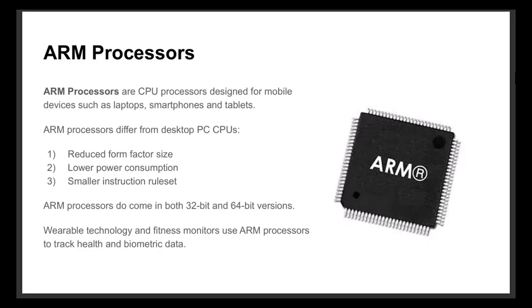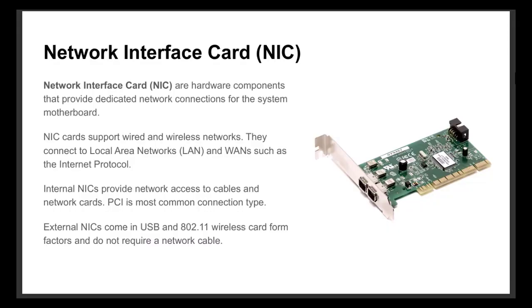Our next component we're going to talk about is a network interface card, sometimes referred to as a NIC. A network interface card is a hardware component that allows the motherboard to provide both wired and wireless internet connectivity. On a network interface card, there are interface slots for wired Ethernet. This will allow the computer to connect to our cabled Ethernet network.